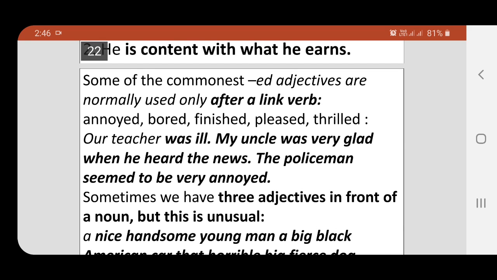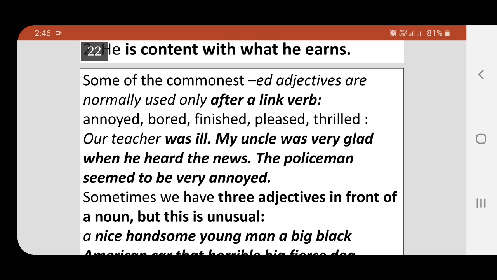We have some of the commonest ed adjectives, and they are normally used only after a link verb. Annoyed, bored, finished, pleased, thrilled.